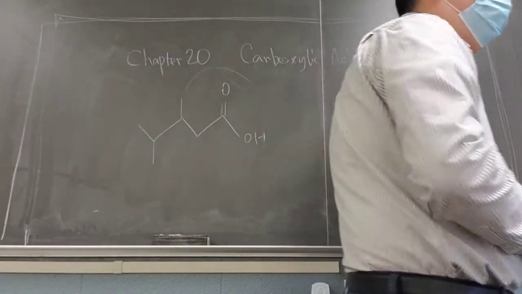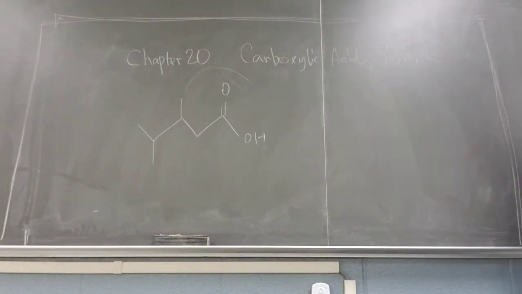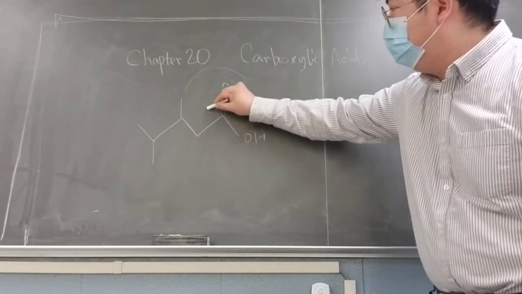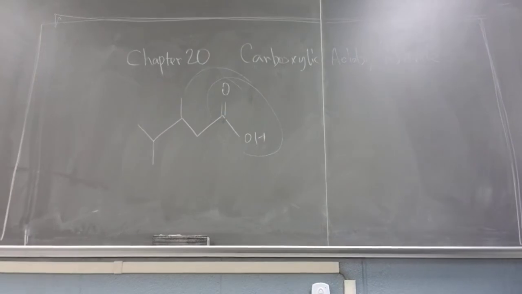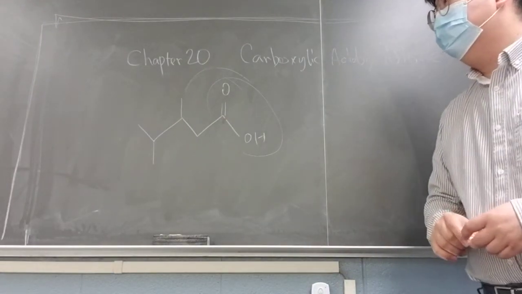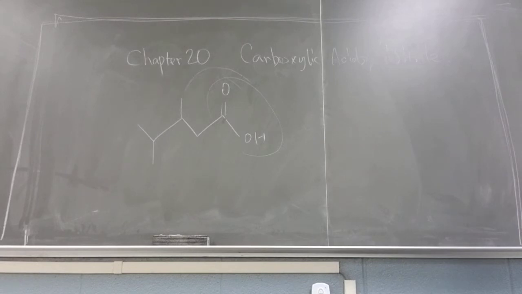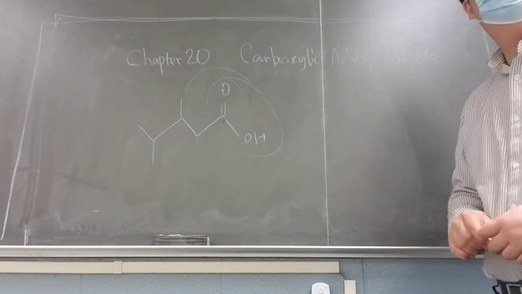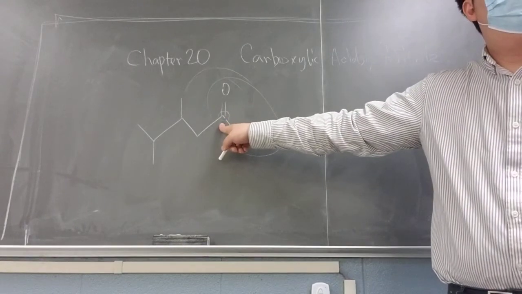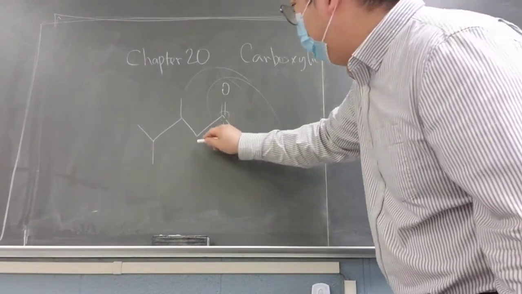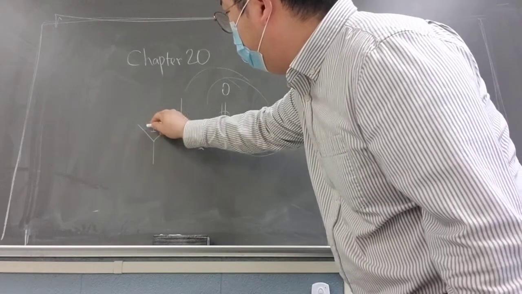Okay. So yes, this is a carboxyl group over here. You always count the carbon from here. Are you saying you always count the double-bonded carbon? This carbon, yes, in the carboxyl group, yes. Perfect. So 1, 2, 3, 4, 5, yes.